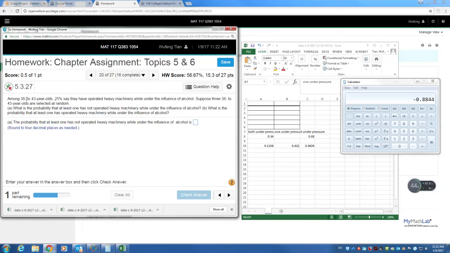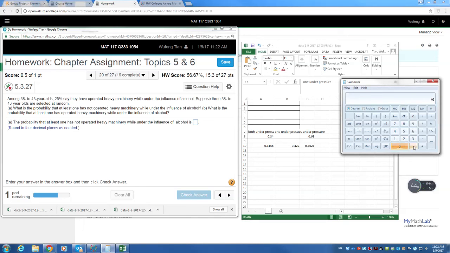Among adults, 25% have operated heavy machinery while under the influence of alcohol, so 0.25. Suppose 3 are selected at random. Actually, I have 3 now, so 3 persons: 0.25 times 0.25 times 0.25, minus 1.